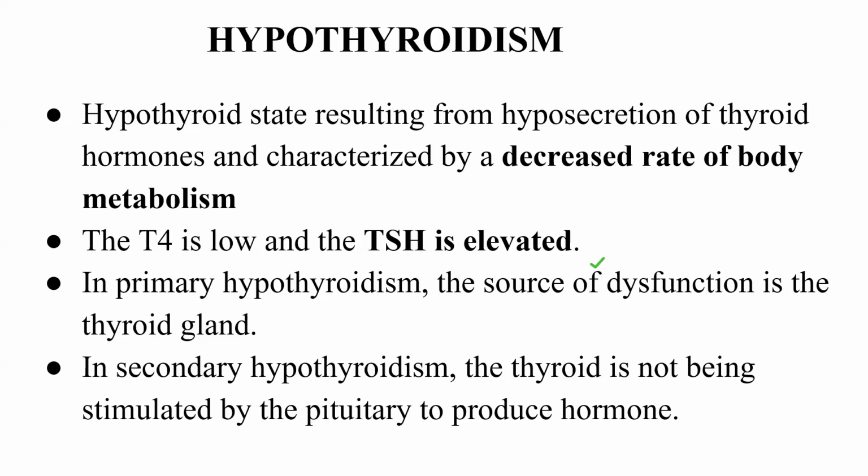So we have two types of hypothyroidism, the primary hypothyroidism and the secondary hypothyroidism. For primary hypothyroidism, the source of dysfunction, that is the source of lowering of the thyroid hormone, is the thyroid gland. While for secondary hypothyroidism, the thyroid is not being stimulated by the pituitary to produce at all. That means there is no production at all.